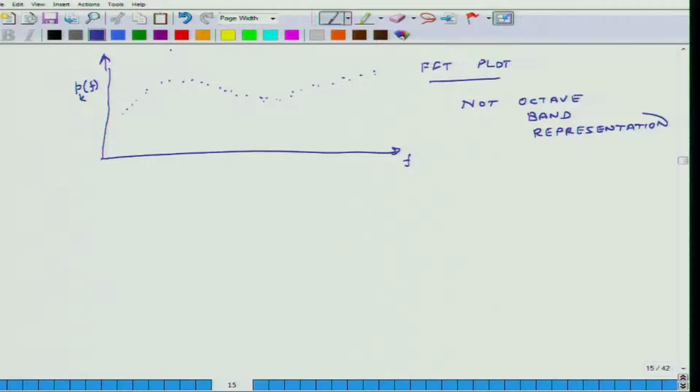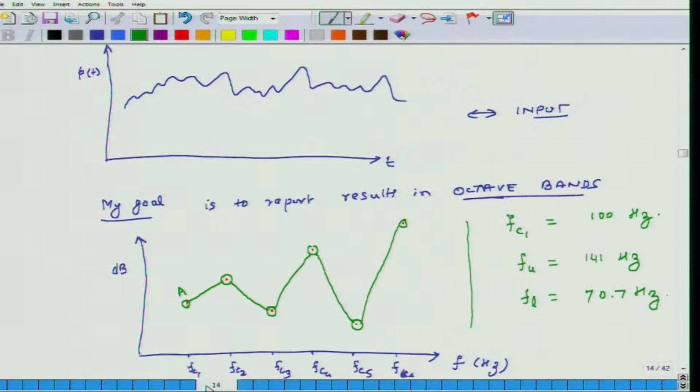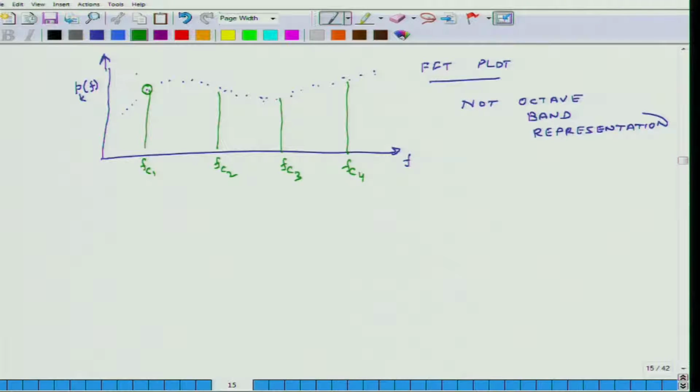And let's say that this frequency corresponds to FC1, this frequency corresponds to FC2, this frequency corresponds to FC3, this frequency corresponds to FC4, okay. So when I do an octave band representation, I don't use this point to plot on this graph. This point A is not same as point B, okay.